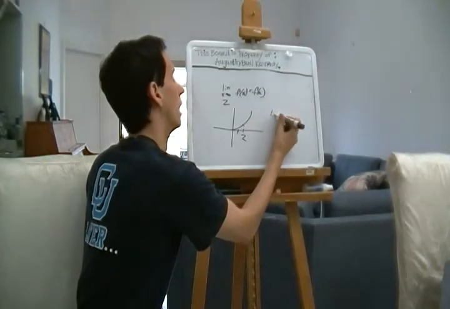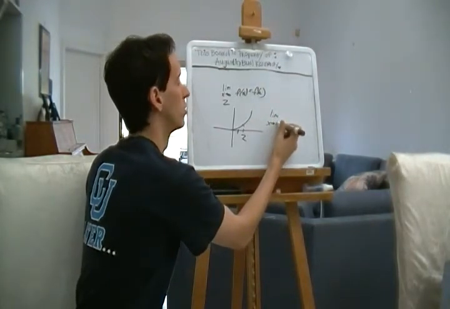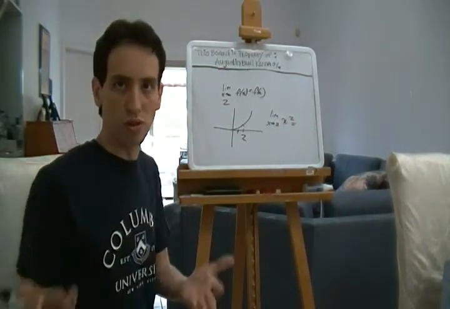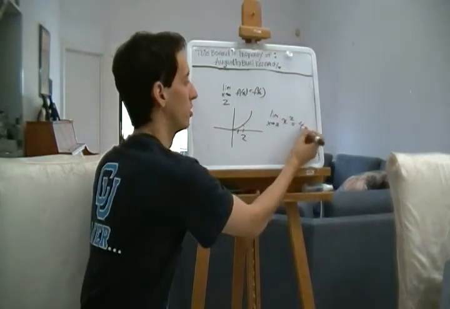So the limit as x approaches 2 of x squared is 2 squared. It's 4. Very simple.